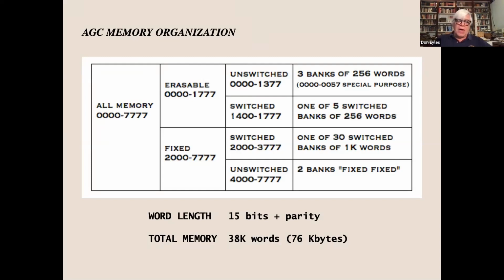On the other hand, by allocating the memory, both the fixed and the erasable memory, you could avoid that being a serious issue. And it allowed the entire 36K words to be addressed with the appropriate instructions. Next slide, please.